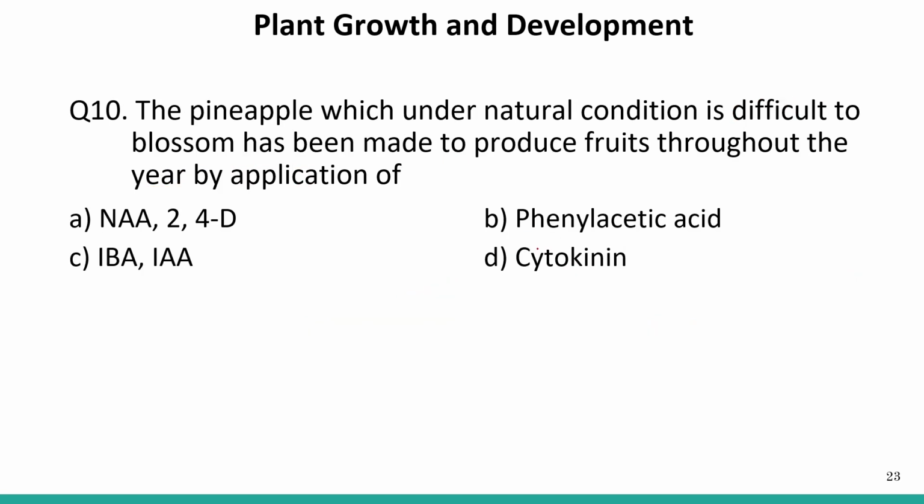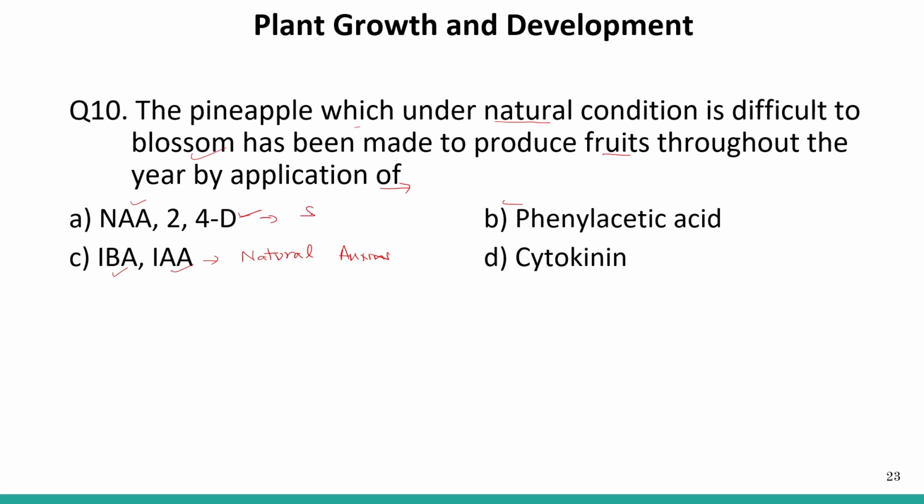The next question is, the pineapple, which under natural condition is difficult to blossom, has been made to produce fruits throughout the year by the application of, options are naphthalene acetic acid and 2,4-D, 2,4-dichlorophenoxyacetic acid. Then we have option B, phenyl acetic acid. Option C is indole butyric acid and indole acetic acid, which are natural auxins.